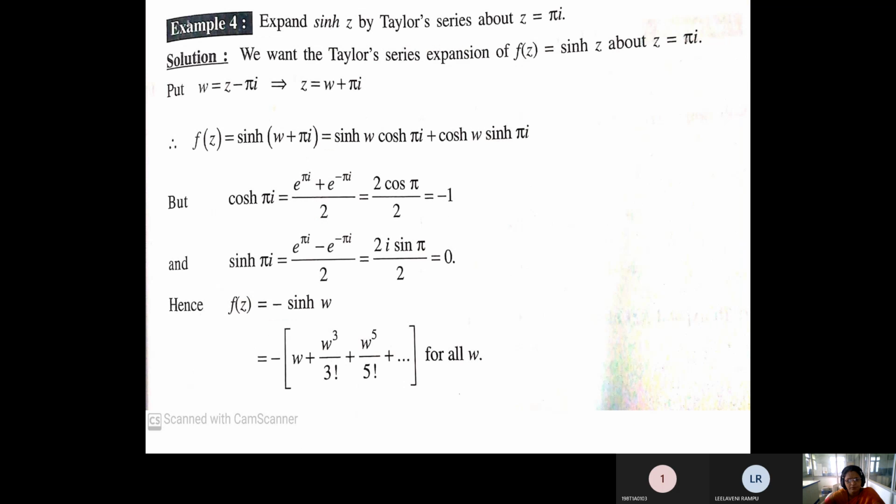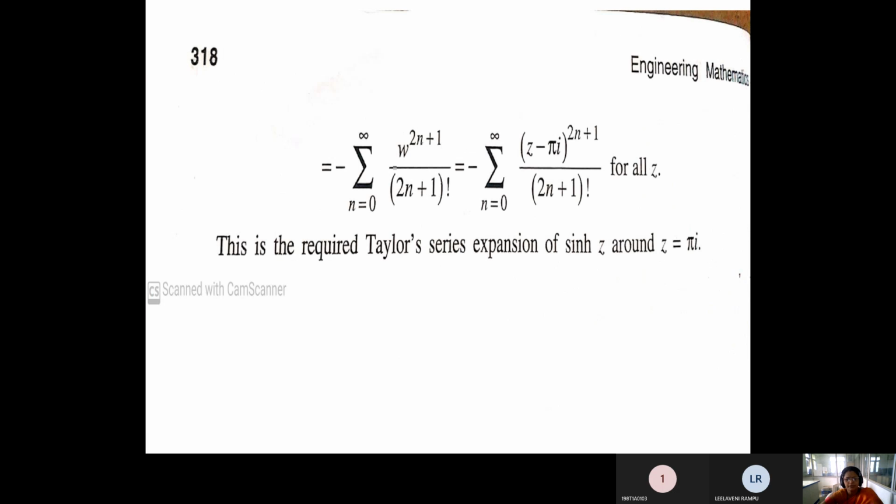In sigma notation, the powers are odd numbers, so sigma n equal to 0 to infinity of w power 2n plus 1 by 2n plus 1 factorial. Writing w in terms of z, it is z minus pi i power 2n plus 1 by 2n plus 1 factorial, for all z. There are no restrictions on z. For every z, it is valid.